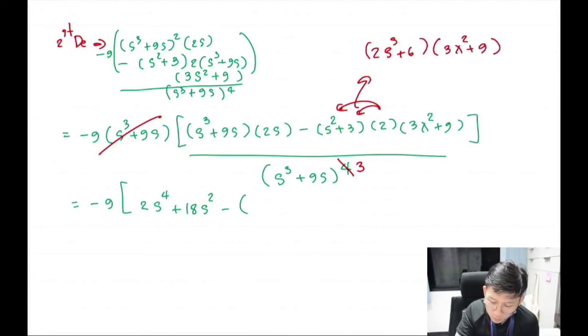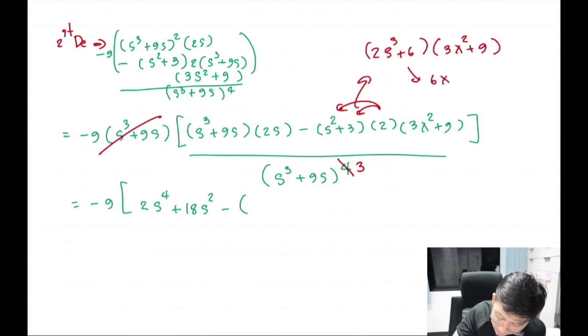So I would have 6s to the 4, sorry, it's s squared. I don't know why I wrote s squared.